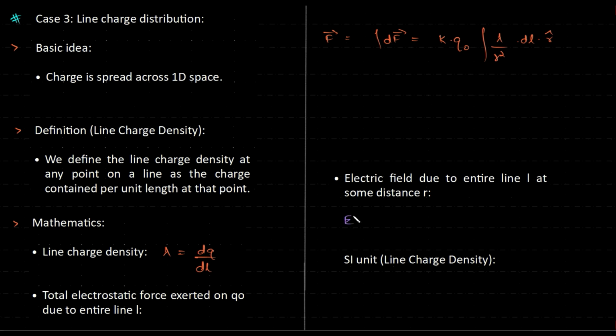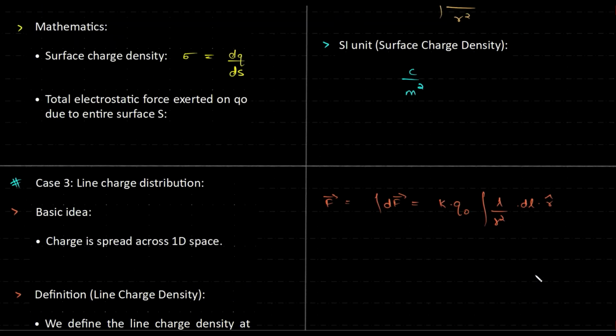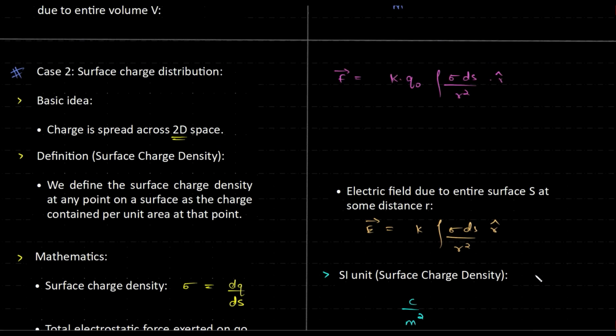And your electric field will be K lambda dl by r square r cap. And finally, the SI unit is going to be Coulomb per meter. Right, guys? So this is all that we need to know.